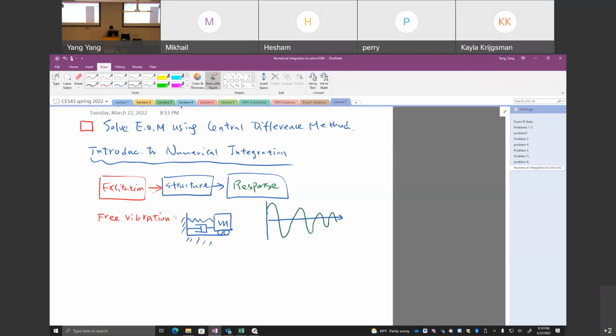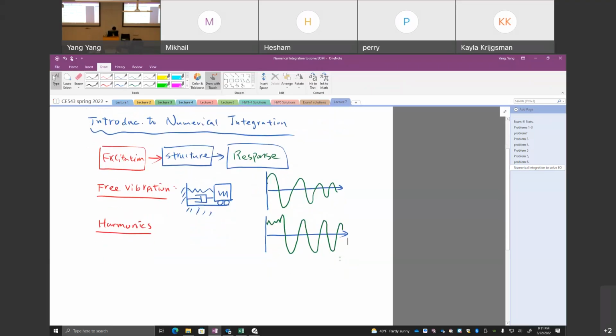And for harmonic excitation, we should also be able to find out the response of the system. We have the transient response as well as the steady state response. The steady state response is also a sine or cosine wave. That's very straightforward.